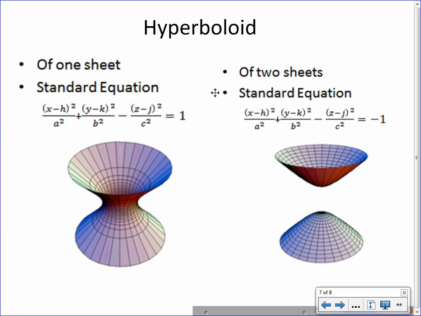The other one's negative. What is the difference between the one sheet and the two sheets? In other books, you might see this as a +1, and you just have two negative values over on the left side. Does that make sense?